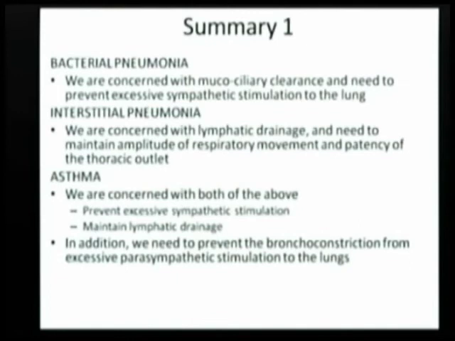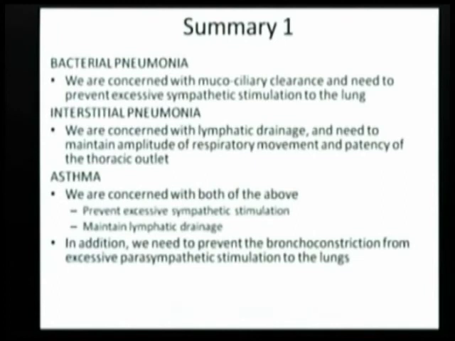So, summary here. For bacterial pneumonia, we're concerned with mucociliary clearance, so we want to prevent excessive sympathetic stimulation. For interstitial pneumonia, we're concerned primarily with lymphatic drainage, and we need to maintain the amplitude of respiratory movement to drive that interstitial fluid into the lymphatic, end lymphatic, and the patency of the thoracic outlet to not block the lymphatic flow at the very last spot.